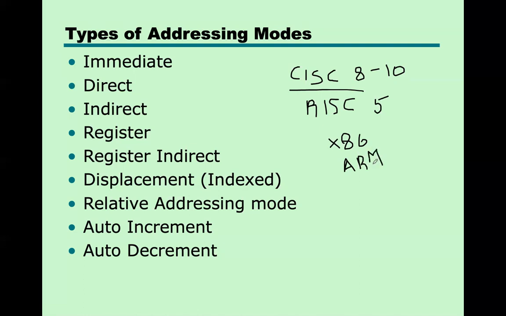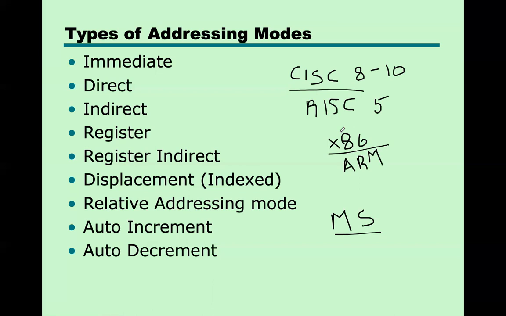So according to its processor, instruction set architecture and how much memory your system has, these addressing modes depend on these three things: memory size, processor type, and the instruction set architecture you are using.